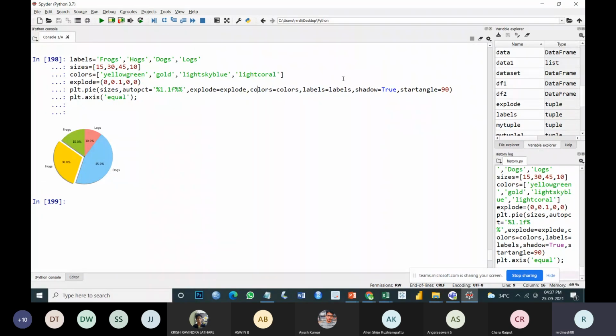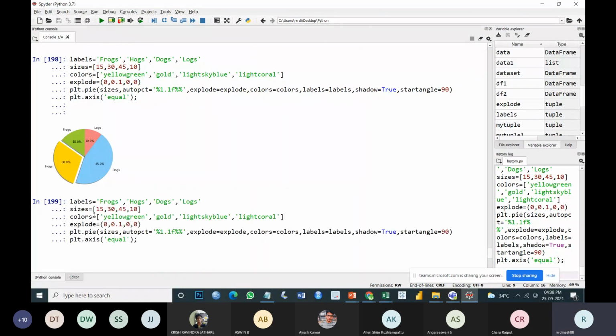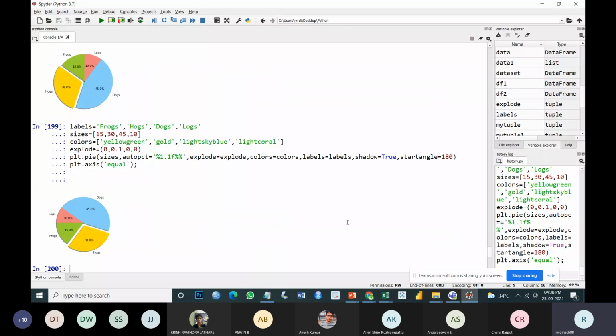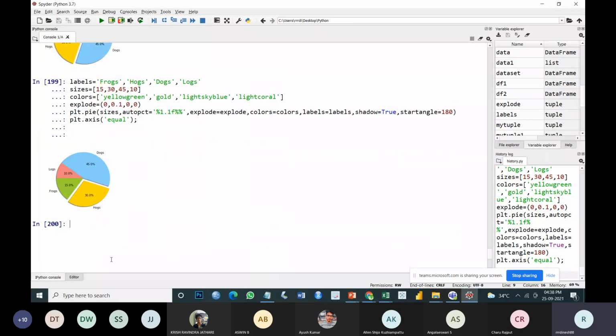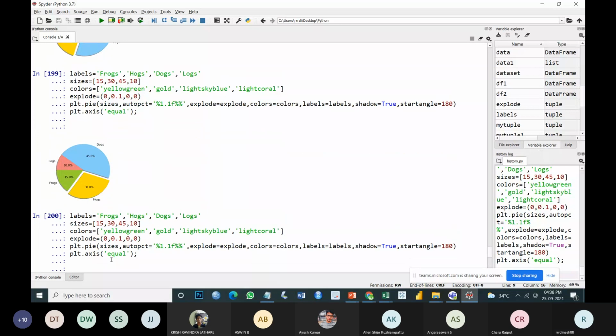And here I'm giving start angle 90, meaning it starts here. If you give 180 instead of 90, it prints starting from here. So this is 90, 180, 270 and 360. It prints the result like this.